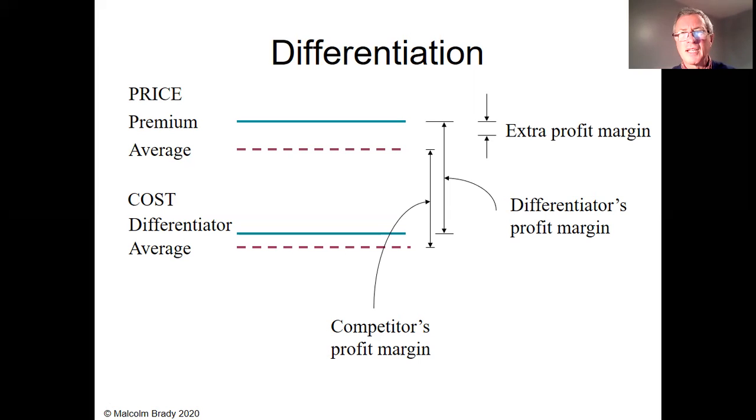So you have to be careful that it can be harder to get right than being a low-cost operator. Okay, so just be careful of that. But you can see there what's happening. You're trying to get an extra margin on your price that is more than the extra margin on your costs, so that your overall profit margin is higher than average, and that gives you your competitive advantage.